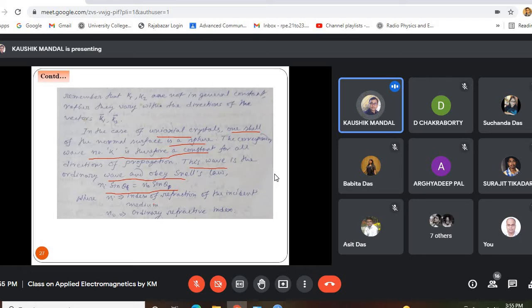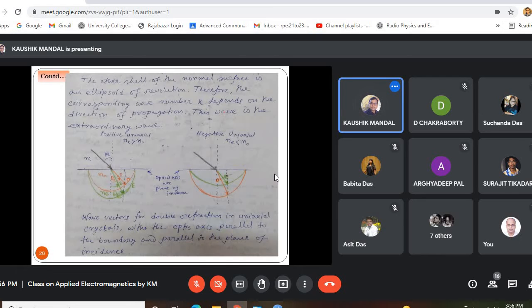As the ordinary ray is due to the spherical surface, for the spherical surface the k value is constant whatever the direction of propagation, so it will follow Snell's law. But in case of the extraordinary ray, k1 and k2 are not constant, they will depend on the direction of the propagation vector. So now come to the case of positive uniaxial crystal and negative uniaxial crystal.